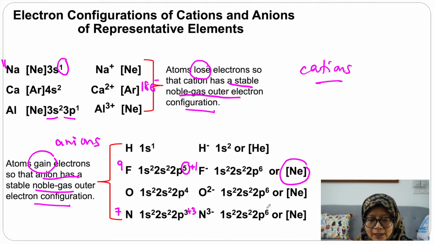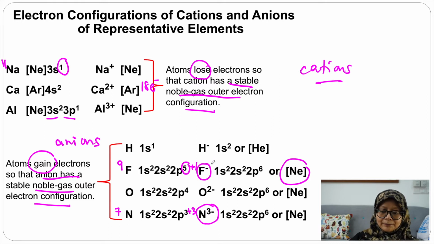So it will become 1s2, 2s2, 2p6. Because it received 3 electrons, it will become N3 minus. While for fluorine, it received 1 electron, so it will become F minus, or F negative 1.